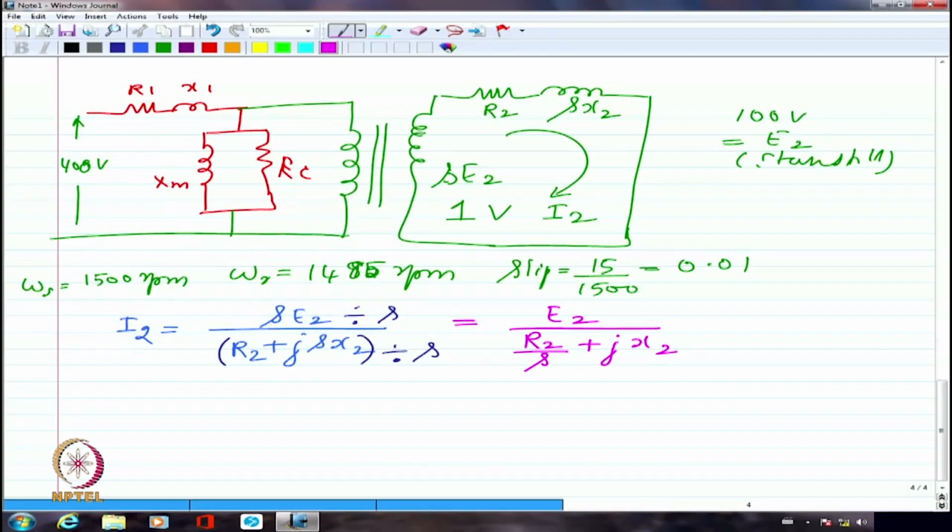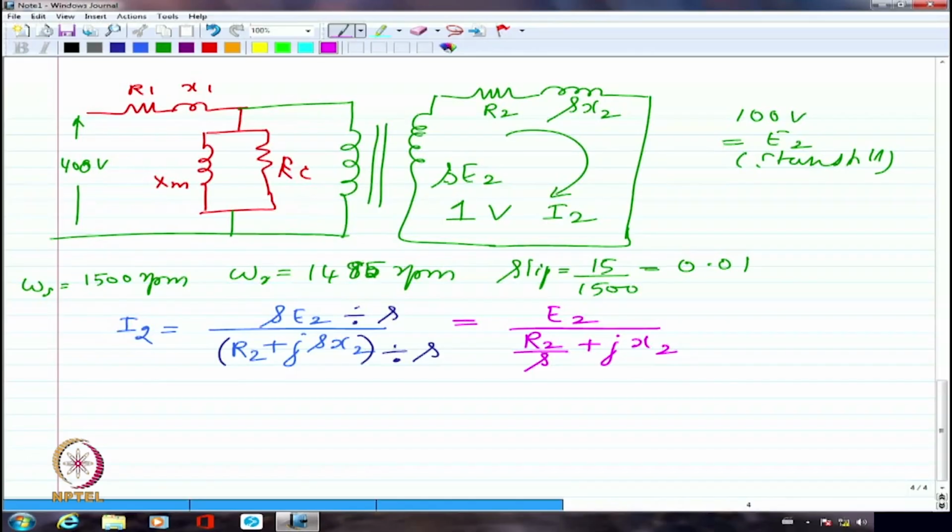Because originally I said that when the frequency of the rotor was same as that of stator frequency, I had E2 as the overall voltage. Now I have come back to the same voltage. And I said that previously the reactance was only X2. Now after the rotor has started rotating, I got SX2 as the reactance. Now I have gotten back to X2 itself.